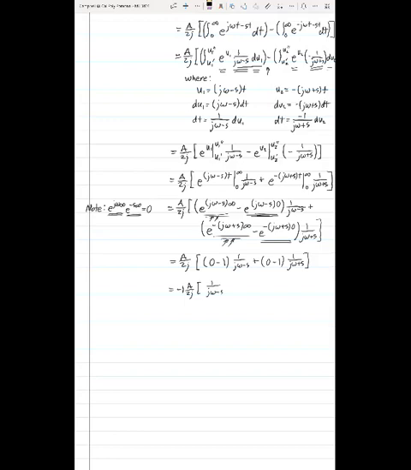But as we saw from our discussion of complex numbers, I don't like having complex numbers in the denominator, so let's go ahead and multiply this by j omega plus s. I'll multiply the denominator by that and the numerator by that, plus s. And then we have j omega plus s, and now I'll multiply by j omega minus s.